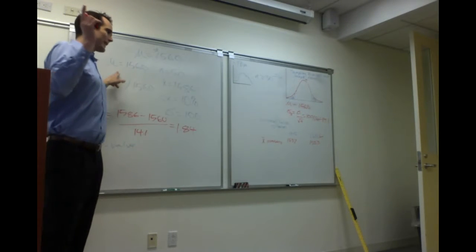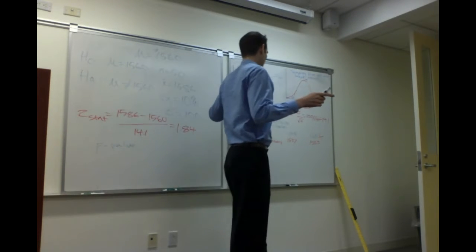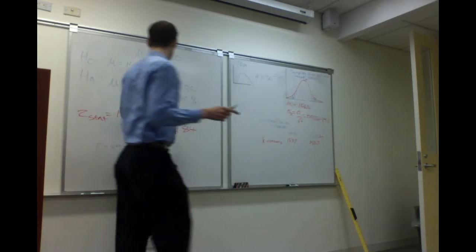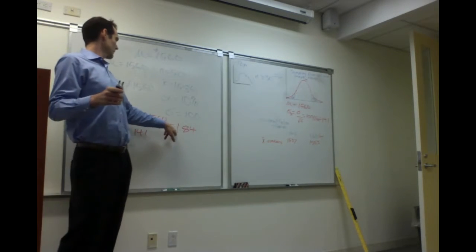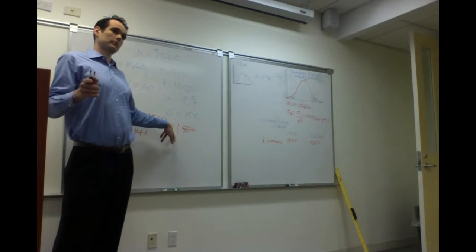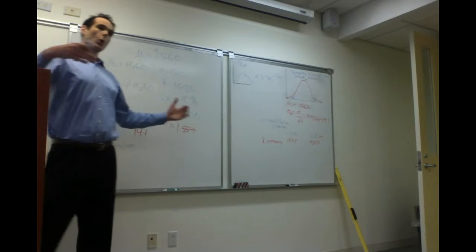Well, let's actually find the exact probability that we would find a z-statistic of 1.84 or higher, or negative 1.84 or lower.